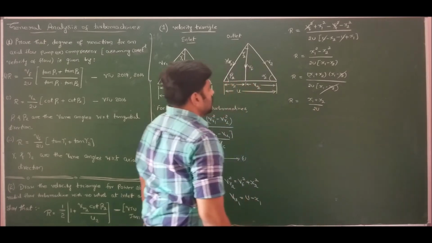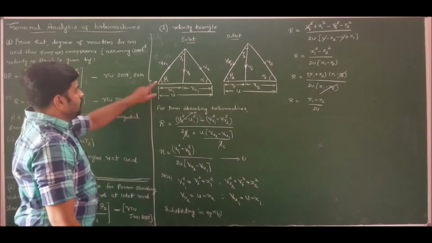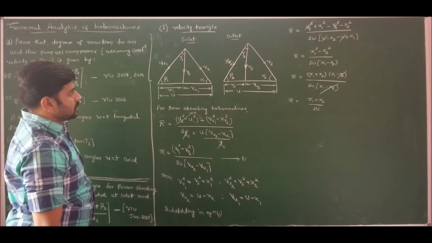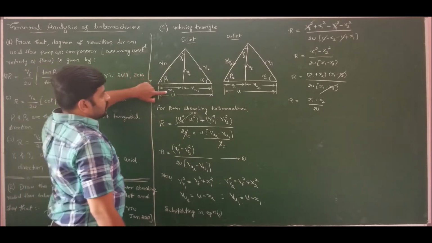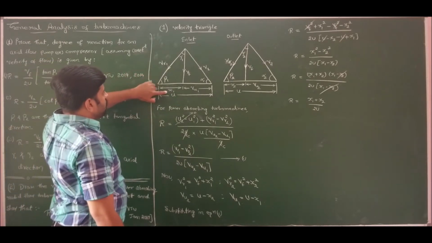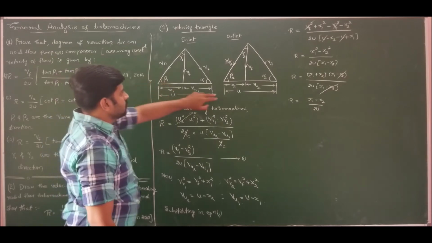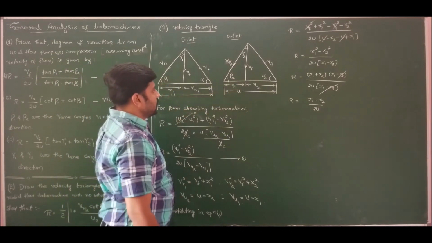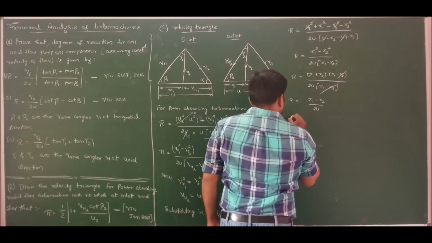Now you express x1 and x2 in terms of blade angle and VF to get the required equation. So x1 is nothing but VF cot beta 1, and x2 is nothing but VF cot beta 2, from the velocity triangle.